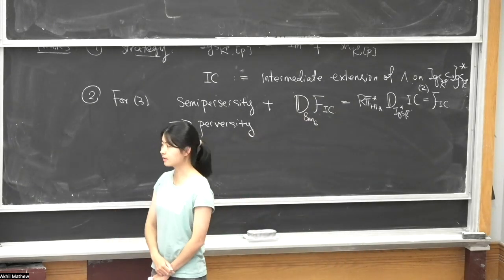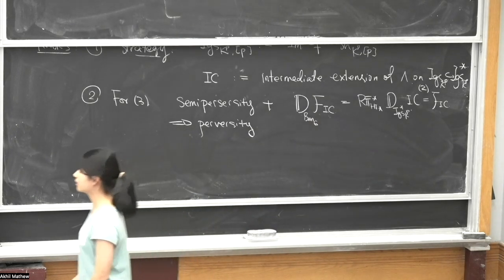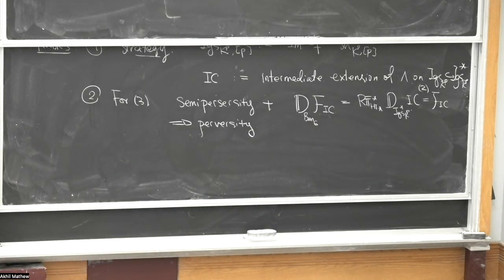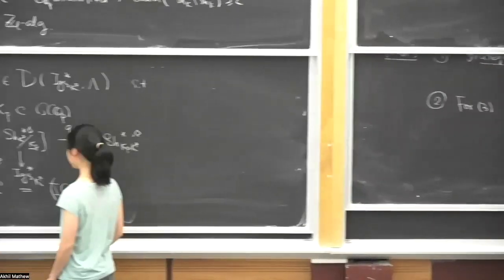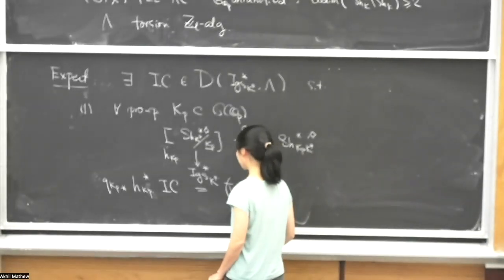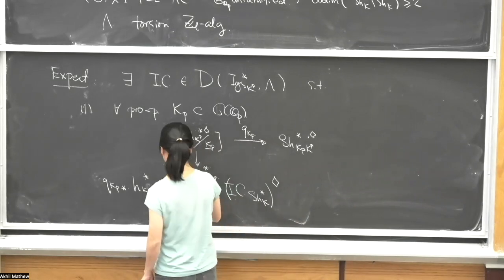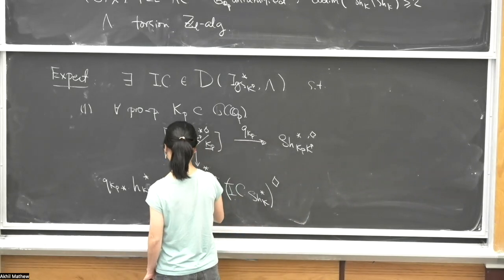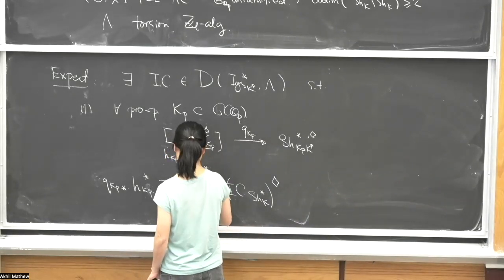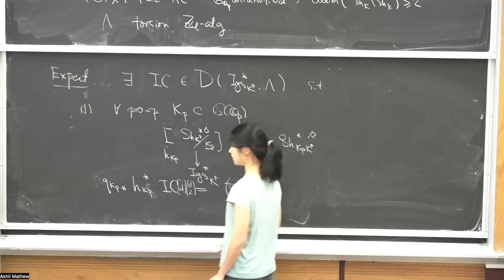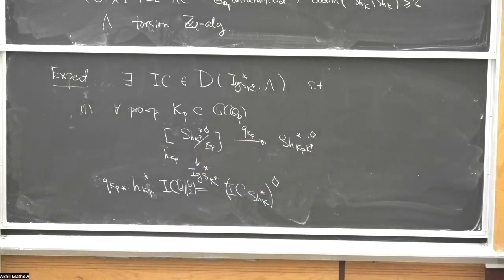For one, you need to shift the upper star by d and d over 2. Because the heuristic is that this map should be smooth, and so it's going to be perverse t-exact up to a shift, and then this push forward will be cohomologically proper of relative dimension.